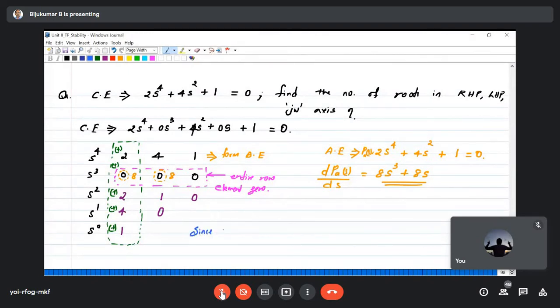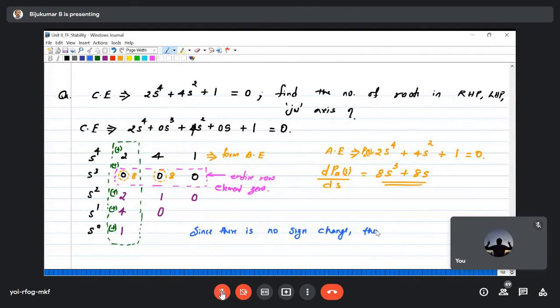Since there is no sign change, how many roots lie on the RSP? Zero.